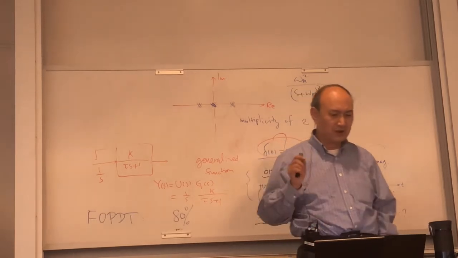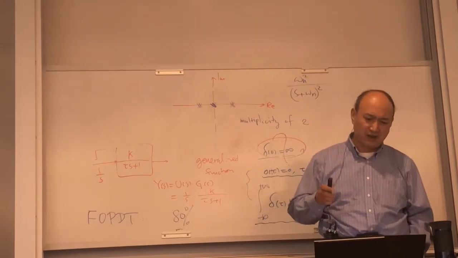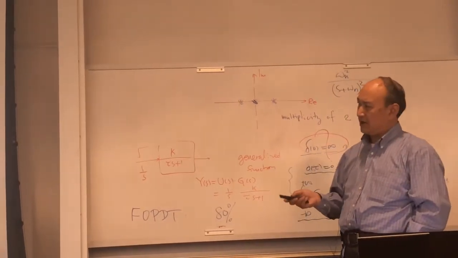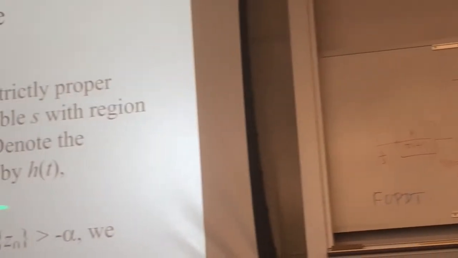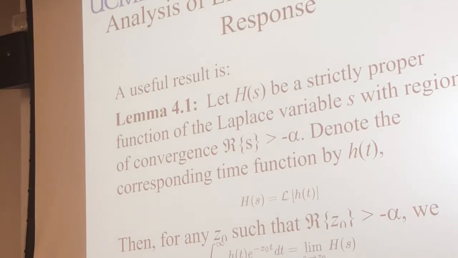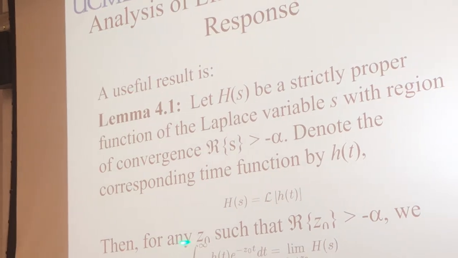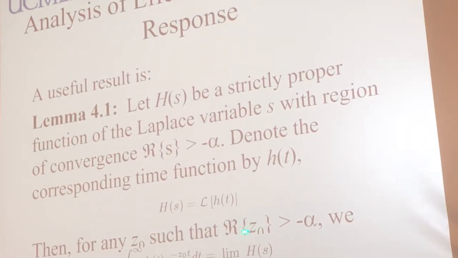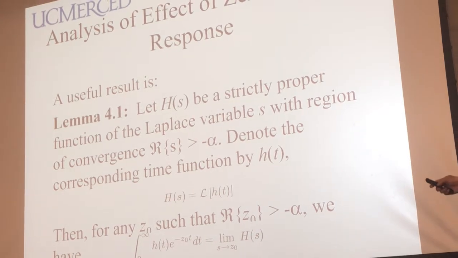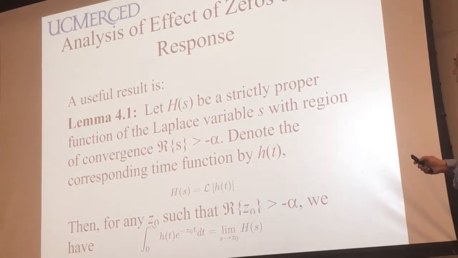These are very simple things, but from a mathematical point of view, the transfer function is the Laplace transformation of its impulse response. So this is the effect of the zeros on the step response.